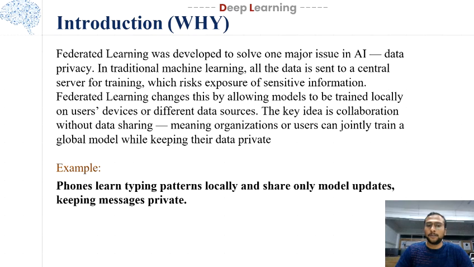The key idea is to collaborate without data sharing, meaning organizations or users can jointly train a global model while keeping their data private. For example, phones learn typing patterns locally and share only model updates, keeping messages private.